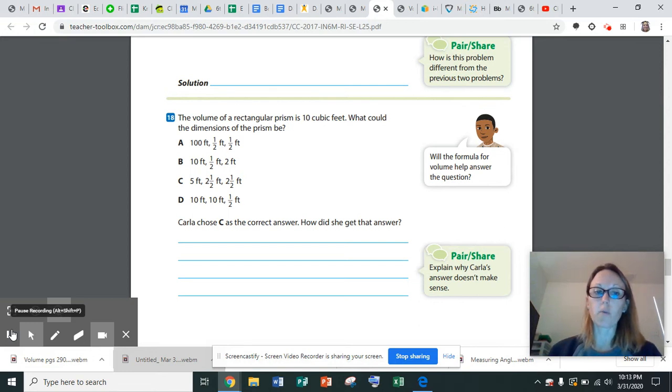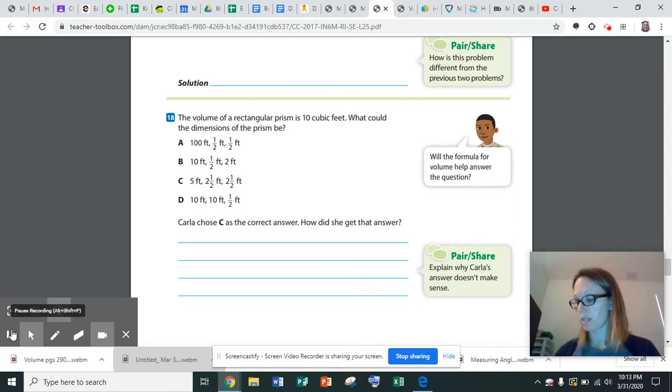So A does not work. Now, if you looked at B, 10 times 1/2 is 5, because half of 10 is 5, and then 5 times 2 is 10. So B is actually the correct answer. But she chose C. So C is 5, 2.5, and 2.5.